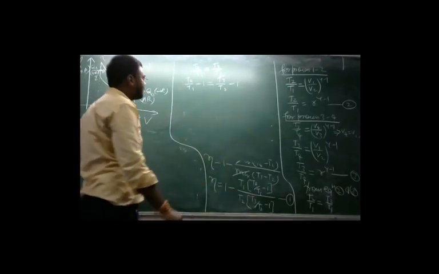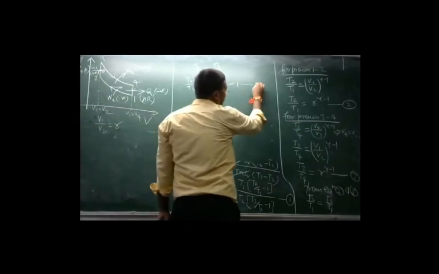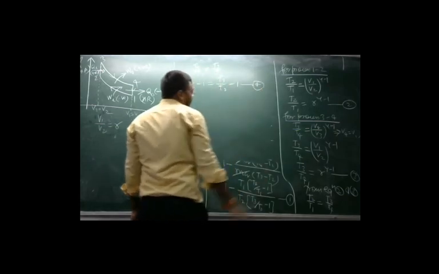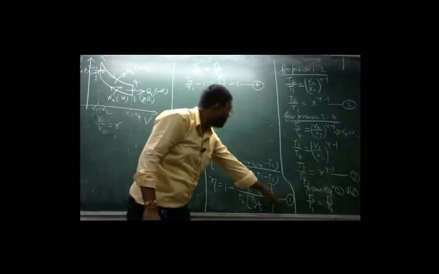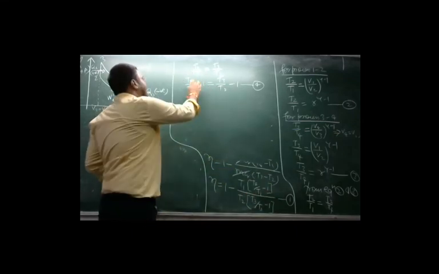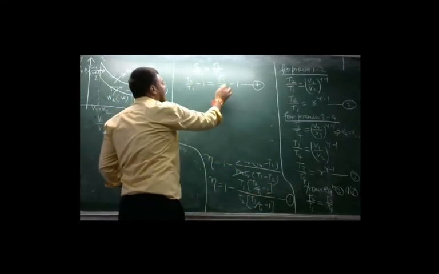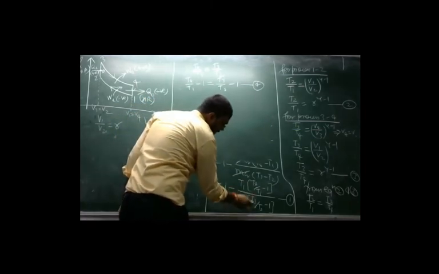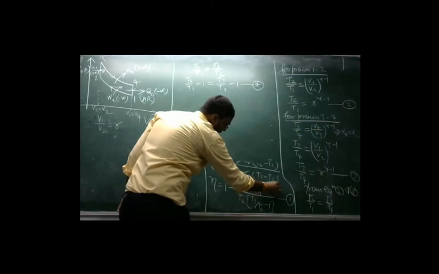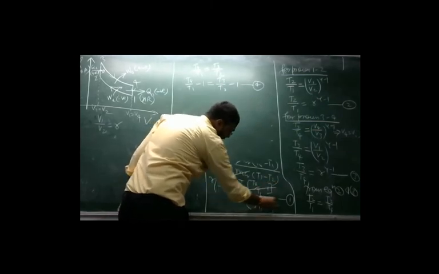Let us assume this is equation number 4. Now, if you see equation number 1 and equation number 4, T4 by T1 minus 1 and T3 by T2 minus 1 will cancel out.